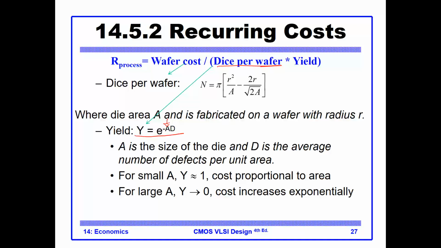This also makes sense: as the area increases, your yield goes to zero. This is because when you have a large die, any error in it will deem that die defective, not useful. But when you have small dies, one error, any design defect, will impact that little die alone. So as the area goes small, the yield approaches 1.